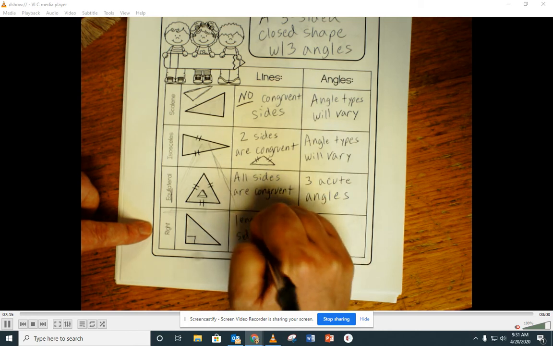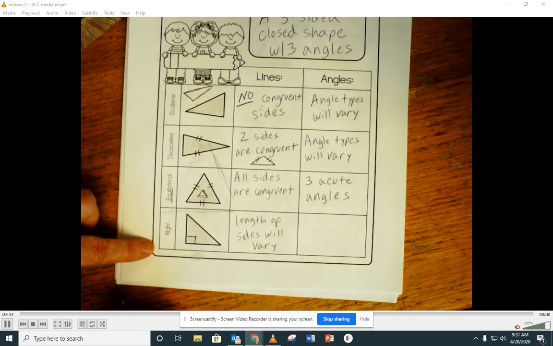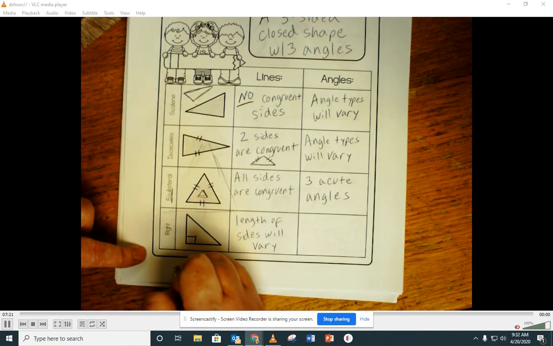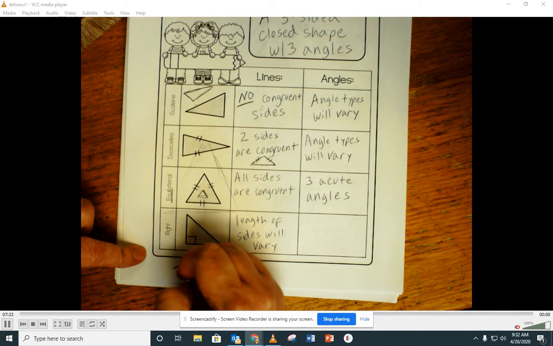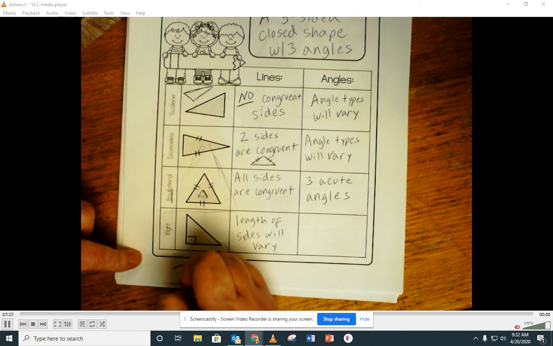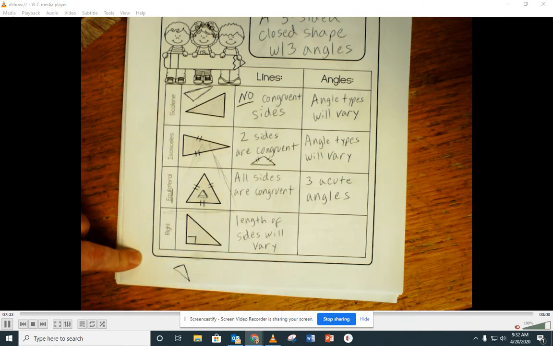So we can't say anything for sure about the length because we can draw all different kinds of right triangles. There's a right angle. That's a right triangle.